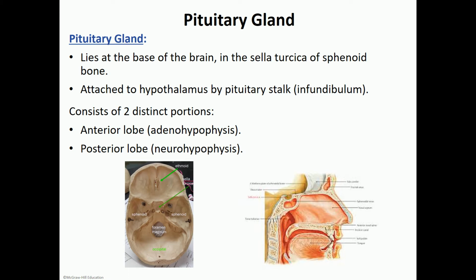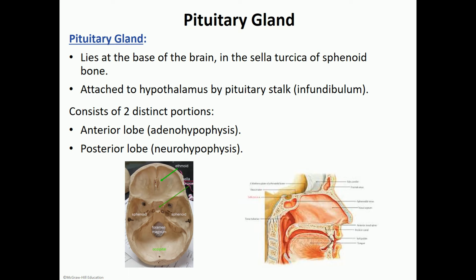One of the very first symptoms would be visual disturbances, visual abnormalities. So they start thinking that they are having eye problems, because of that relationship between the pituitary gland lying right underneath the optic chiasm.